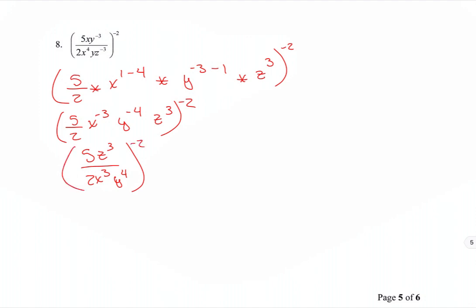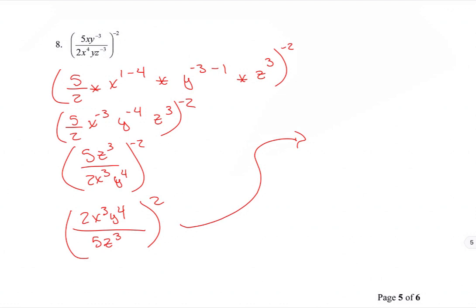Now, the negative exponent flips it, and I wish y'all could see me because I'm actually flipping it with my hands. 2x cubed y to the 4th over 5z cubed, and now I'm squaring everything, and so my answer should be 2 squared is 4, x to the 2 times 3 is 6, y to the 4 times 2 is 8, over 5 squared is 25, and z to the 2 times 3 is 6.